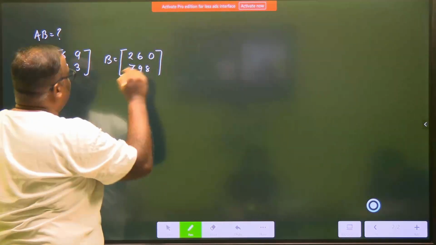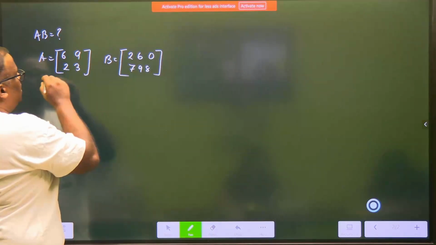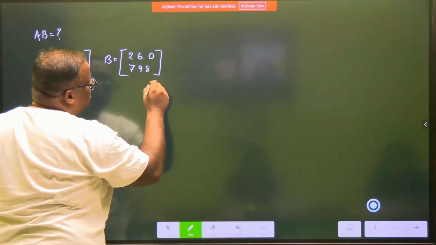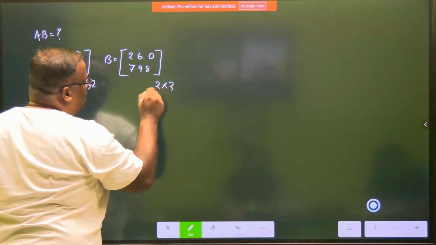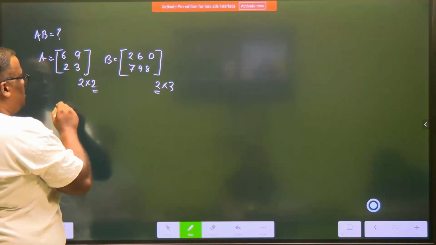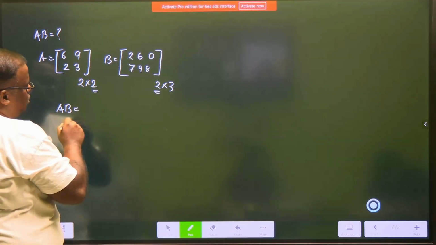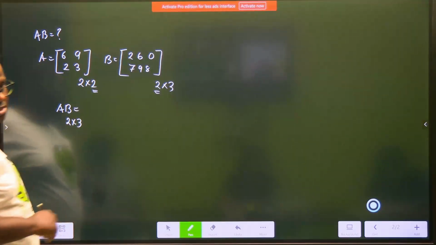So ask yourself, rows into column: this is a 2 cross 2, and this is 2 cross 3. Inners are matching. That means this matrix multiplication is possible. And AB will be a 2 cross 3 matrix.